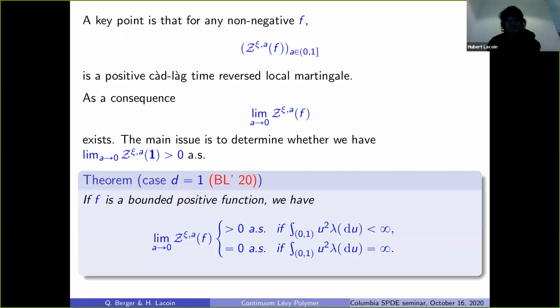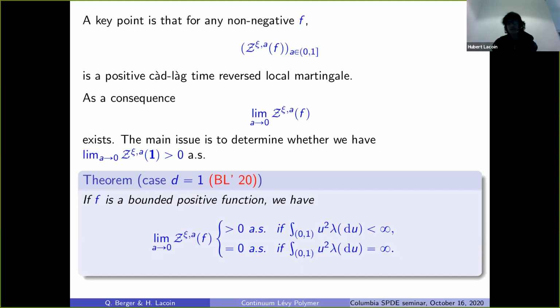So a key point there is that if you look at your partition function as a function of A, and you look at it with the appropriate filtration, then it's a time reversed local martingale, and it's also càdlàg.